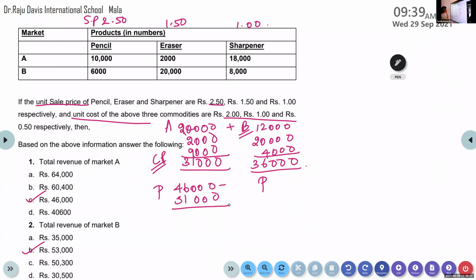When you subtract it, you will get the profit of A. Similarly for B, 53,000 minus 36,000. That will give the profit for B.